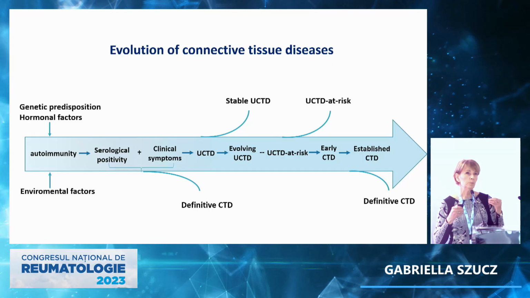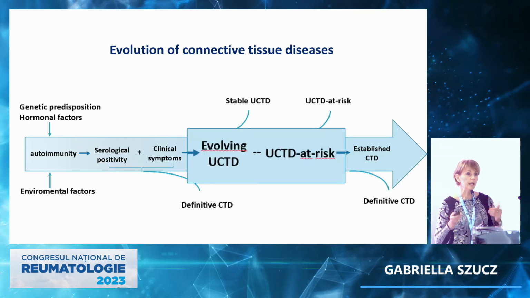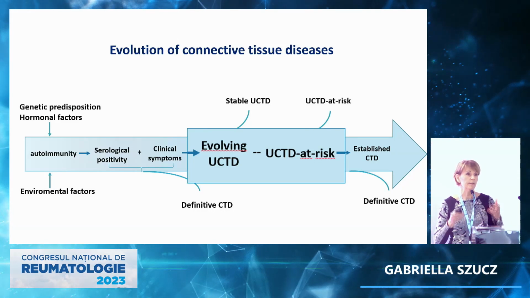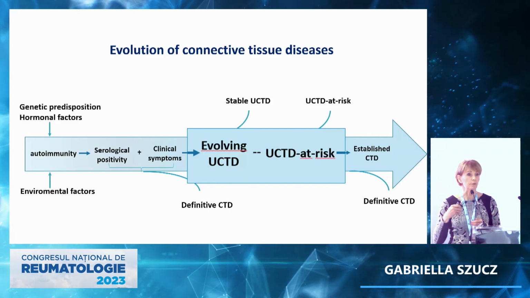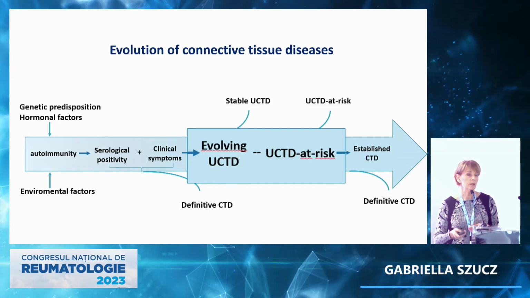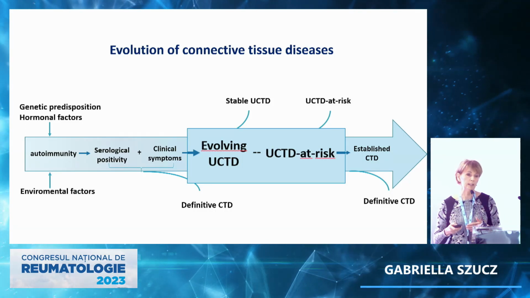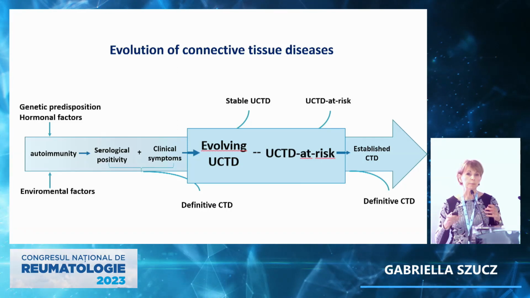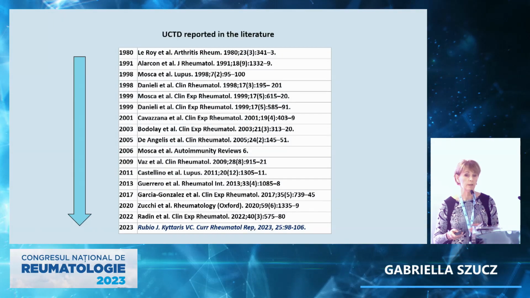But the most important thing is to collect and evaluate the patients who will evolve in the follow-up period, because we have to notice these patients immediately and start the treatment to prevent damage to the patient.